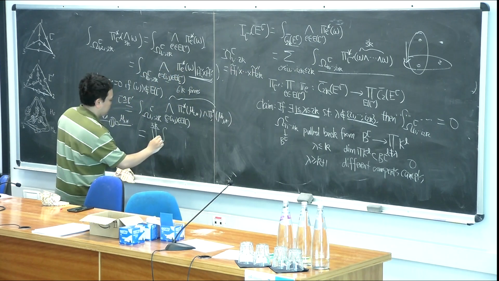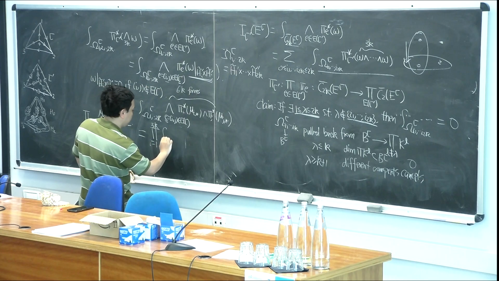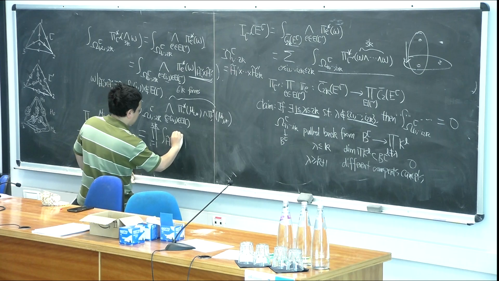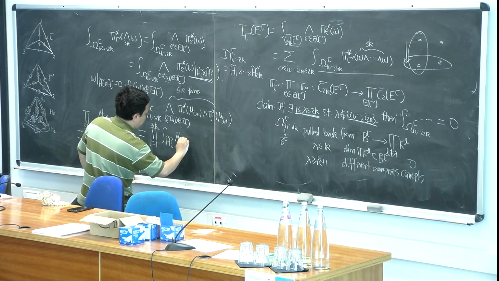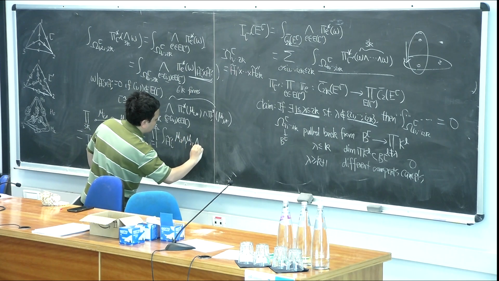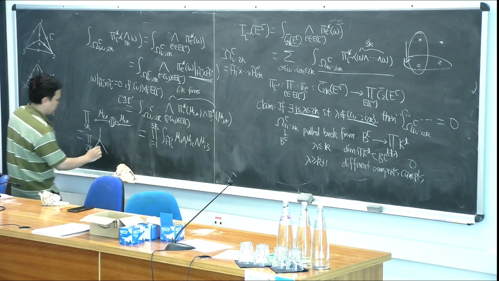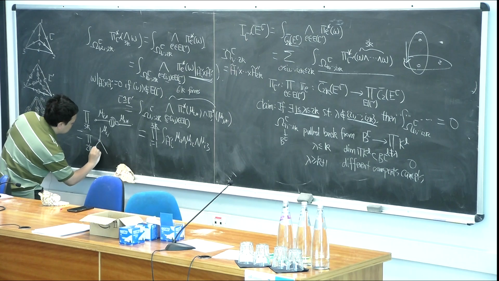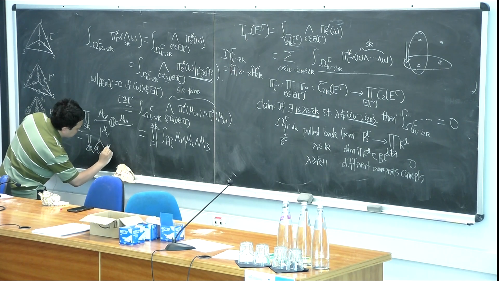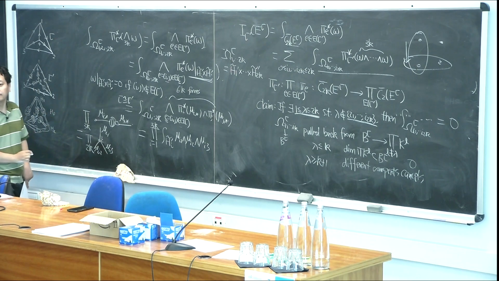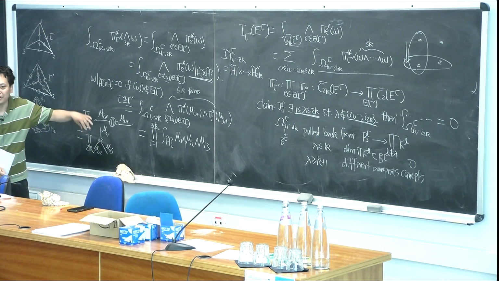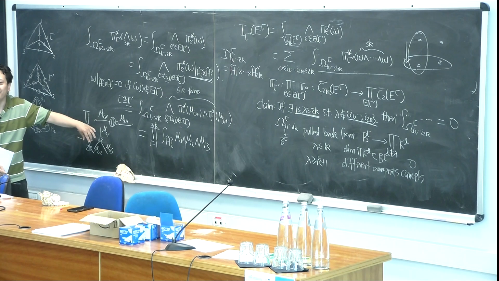So we can just integrate over each handle body: mu I1 wedge mu I2 wedge mu I3. Remember that when you integrate the wedge of these three differential forms over a handle body, you just get 1, because the triple intersection number equals 1.